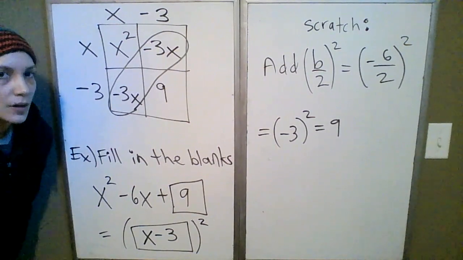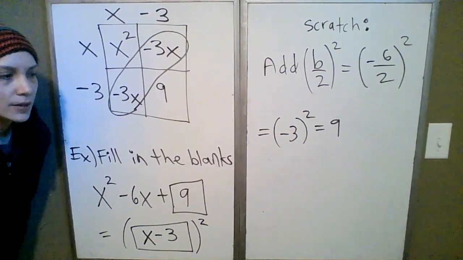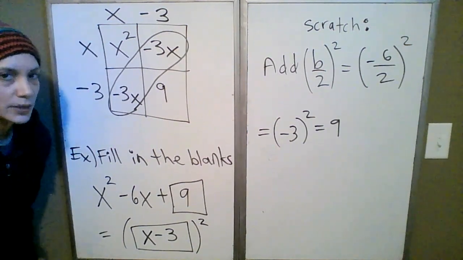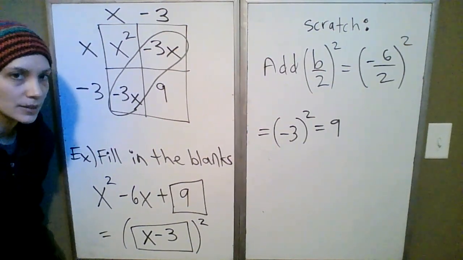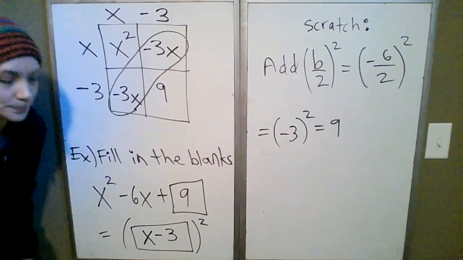Okay. We're still going to be able to practice completing the square when we solve equations. So we're going to switch to using all of the steps. So next example is to solve for x.